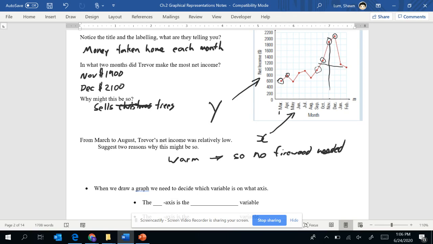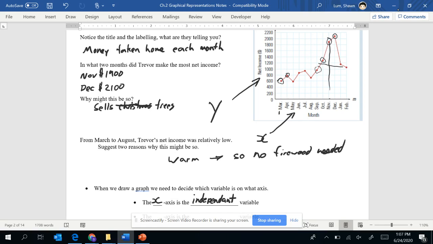Now, the x-axis is, I'm going to write the answer right here, the independent variable. That means it does not depend on anything.